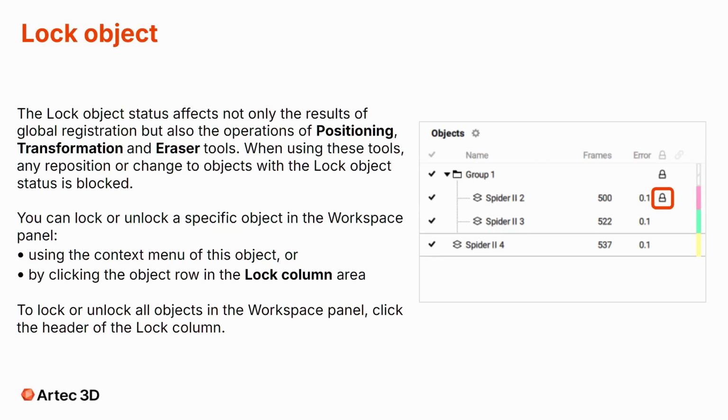When an object is locked, it is shielded from any change in the workspace. This doesn't block movement during global registration. It also prevents any changes from the positioning, transformation, and even eraser tools. Essentially, if an object has that padlock next to it, its geometry and its place in the world are set in stone.